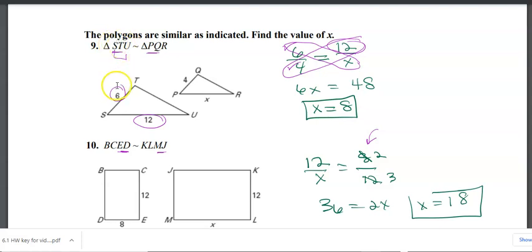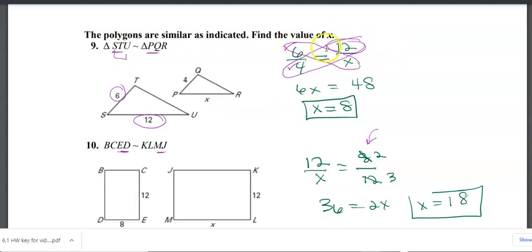So ST is 6 and PQ is 4. So 6 is to 4. What goes with x? If x is PR, that's first and last. So SU is first and last here. So that means that 6 over 4 has to equal 12 over x.